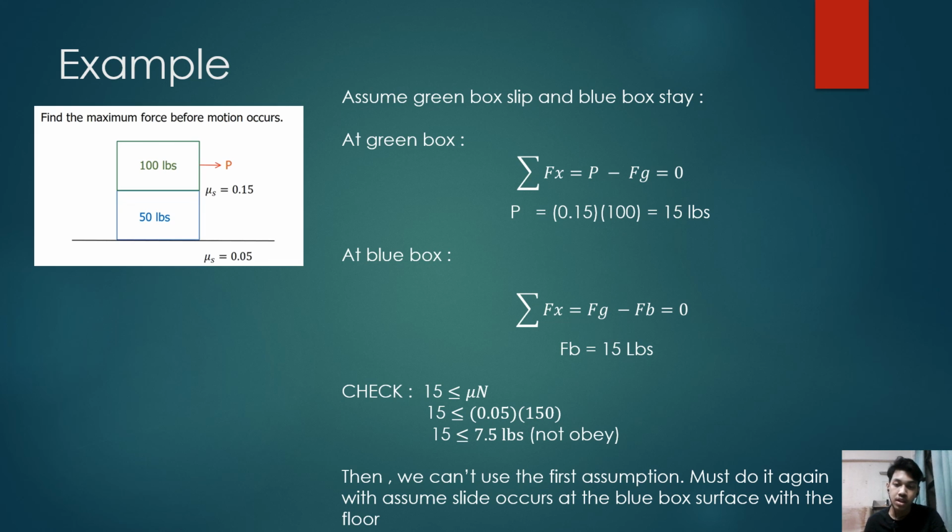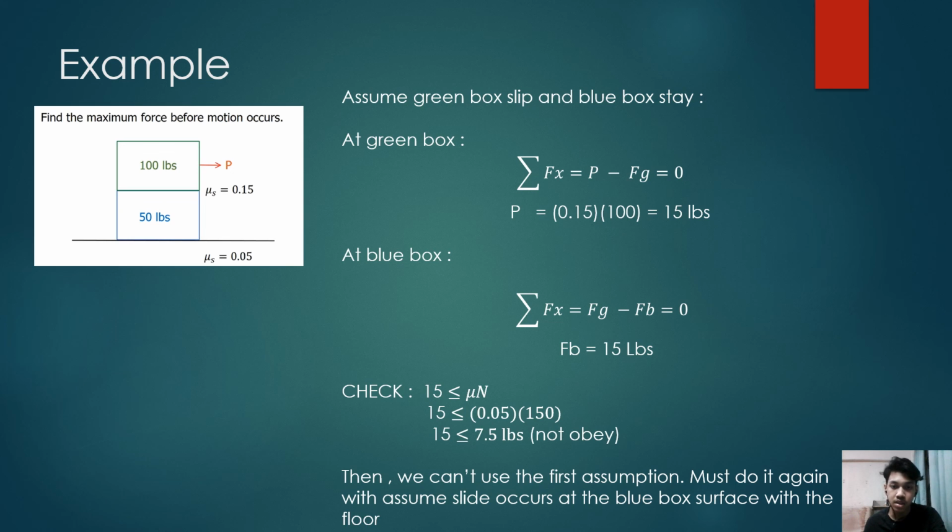After we got it, we check the answer to know whether it is correct or not. When we check, F must be lower than or the same as the coefficient of friction times the normal force. The coefficient of friction is 0.05 times 150, which is the normal force.